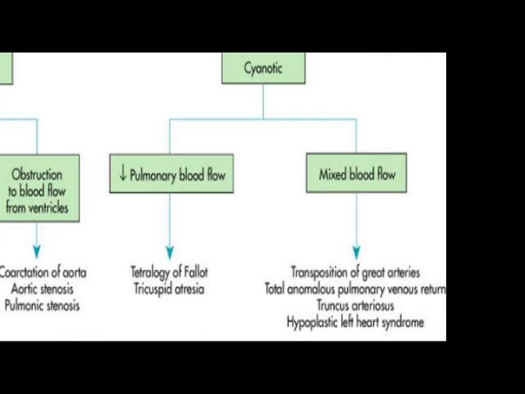Transposition of the great arteries: the arteries are reversed. The pulmonary artery is on the left side and the aorta is on the right side. Or there might be some other things going on. Maybe even the left heart is small. But the most important one that we're going to talk about under cyanotic is tetralogy of Fallot, and you should at least be familiar with the other ones and what they mean.